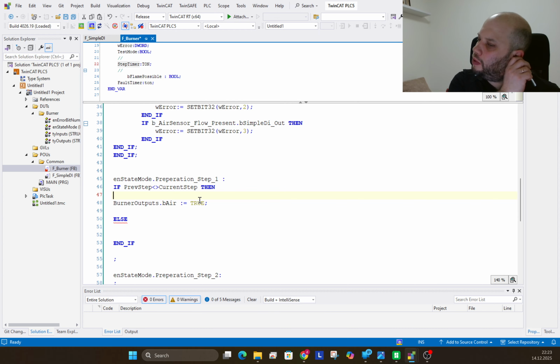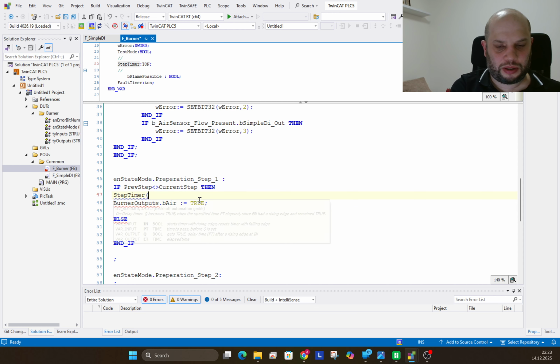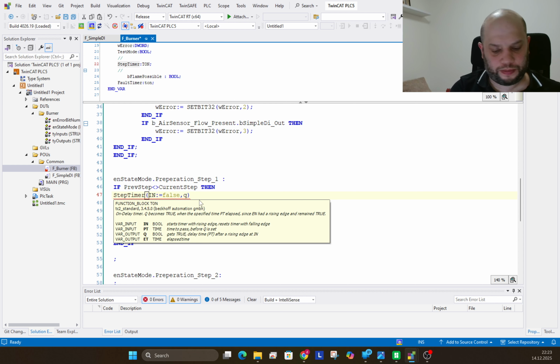I want to raise it or keep it in the switch off mode. So step timer, post Q. Oops, sorry.